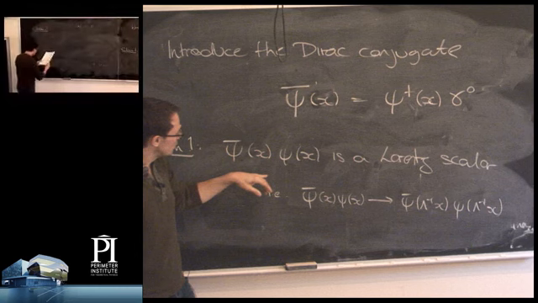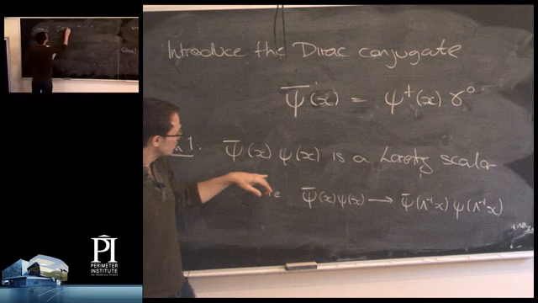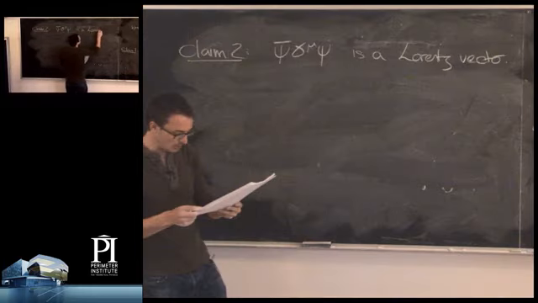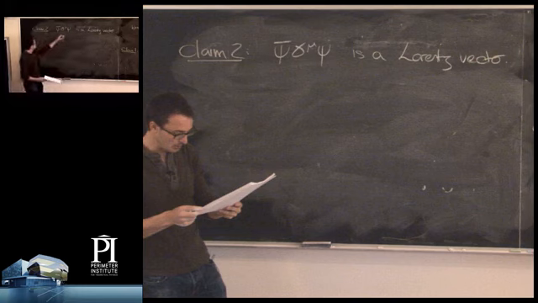Slightly trickier to see, but it's also in the notes, is that this is a Lorentz vector. So what do I mean by this? I mean that this object here transforms in the same way as a vector field under the Lorentz transformation.